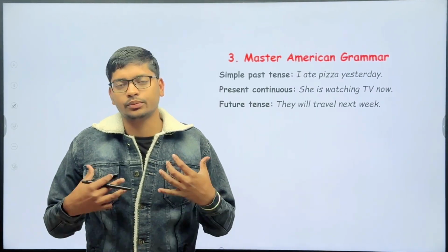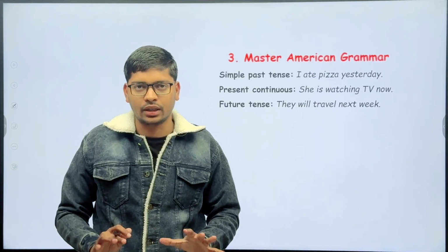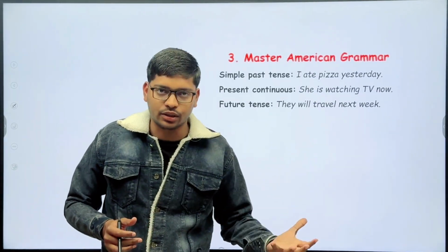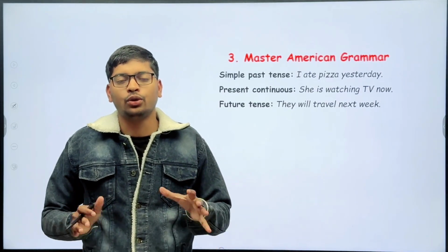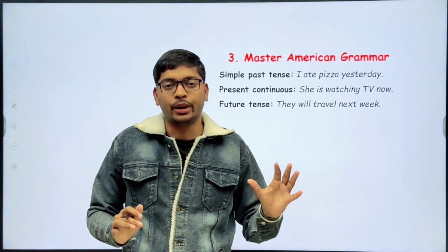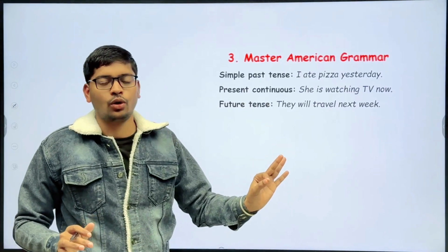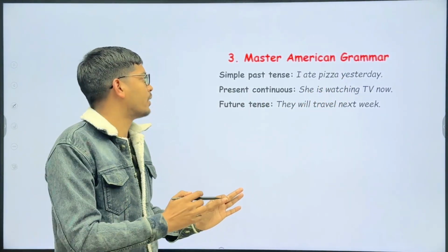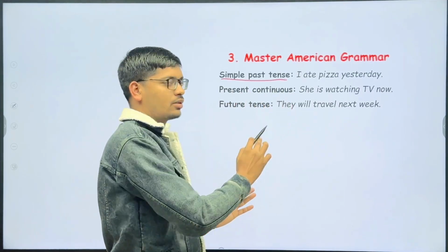You can speak easily, but if you want to speak correctly, you need to focus on grammatical rules. Here you need to focus on mastering American grammar. For example, simple past tense.